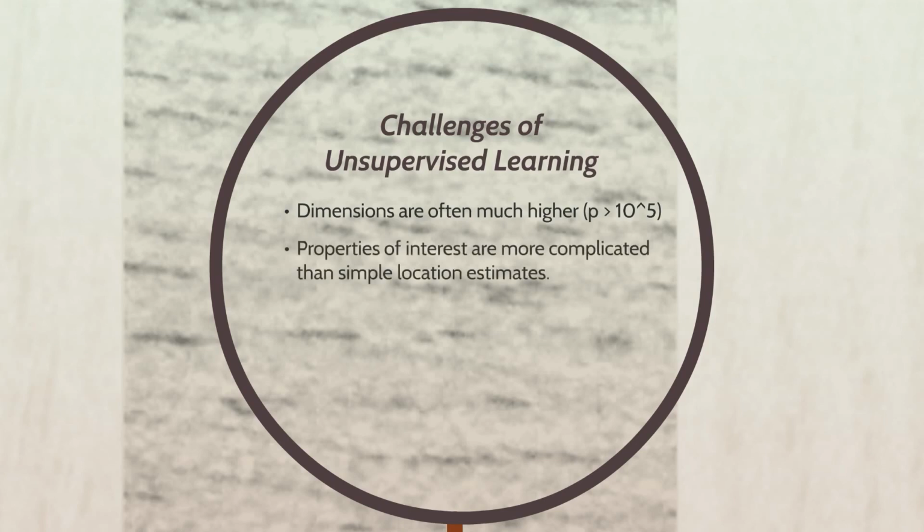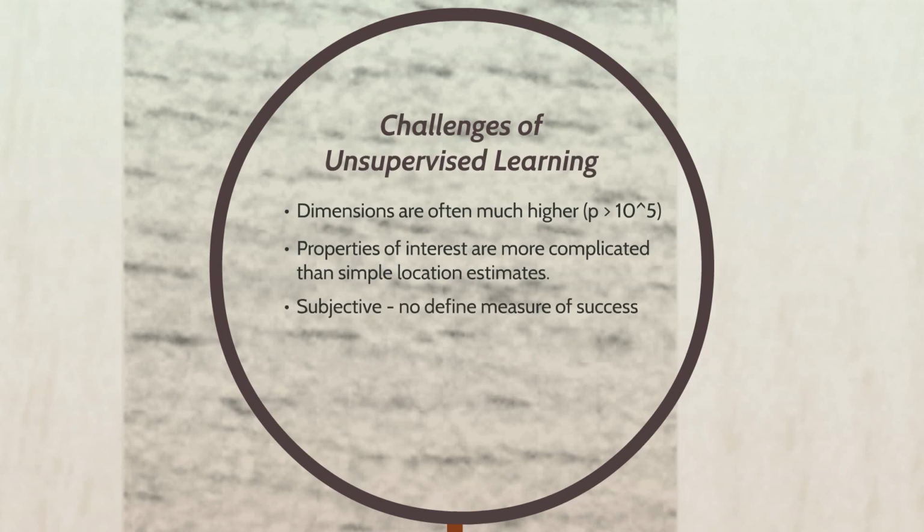Another challenge would be that the properties of interest are much more complicated than simple location estimates. So we are trying to extract different features from this probability distribution, and some of those features can be pretty complicated mathematically, and they're not quite as simple as a prediction or location estimate like we've done with supervised learning in the past.